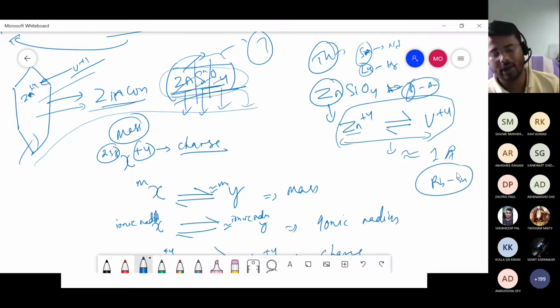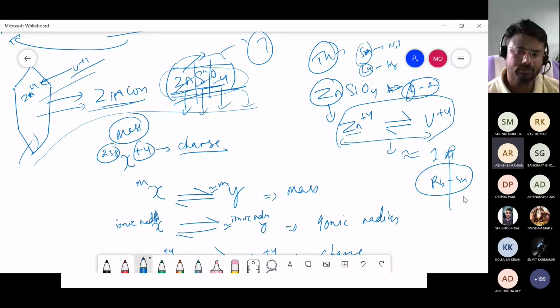These all elements have a high possibility of getting entrapped in different types of minerals. Accordingly, we can use those elements as a proxy to understand the age of the earth. Is this understood? Yes, sir.